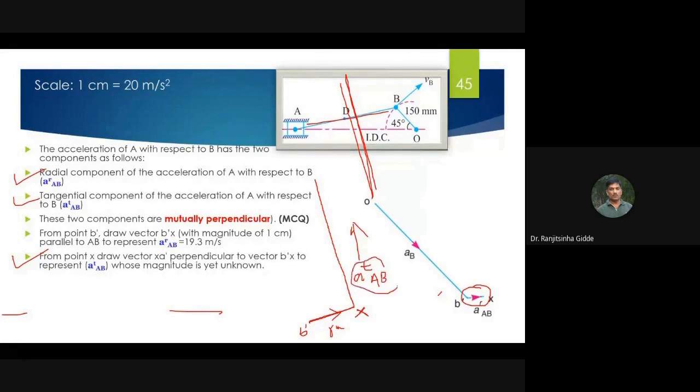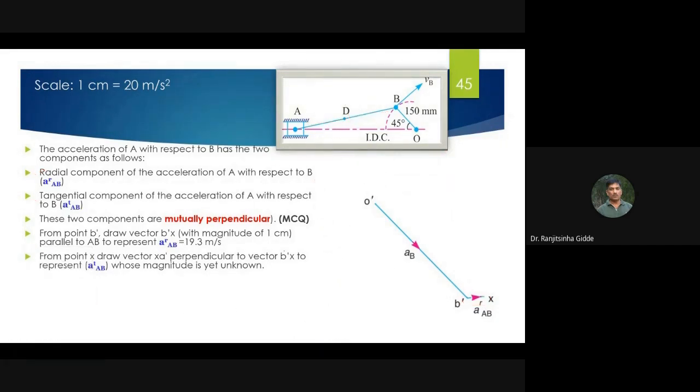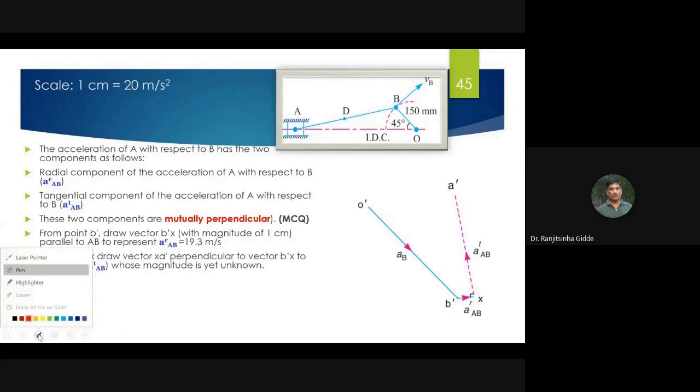This value is not given, we are just drawing one vector like this. Draw this. We do not know its magnitude.